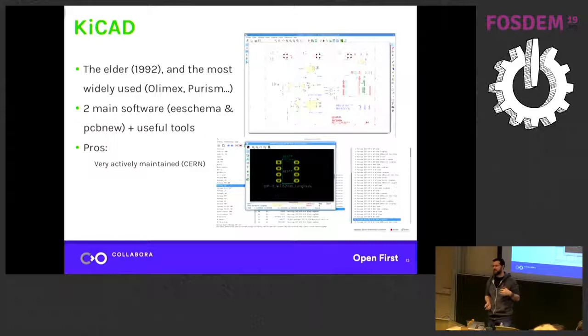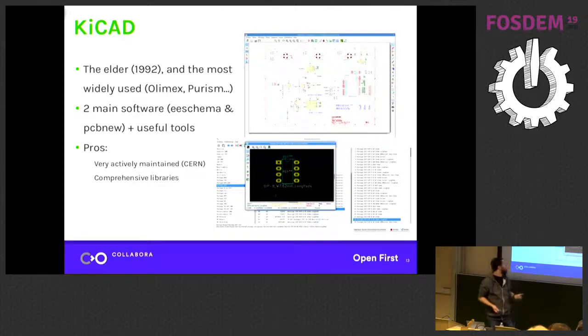I believe it was version 3. And starting with version 4 and the CERN contributions, we really had a software which made a great leap forward in terms of usability and features, and they really did an amazing job on that, and it keeps getting better. So that's something that's wonderful.